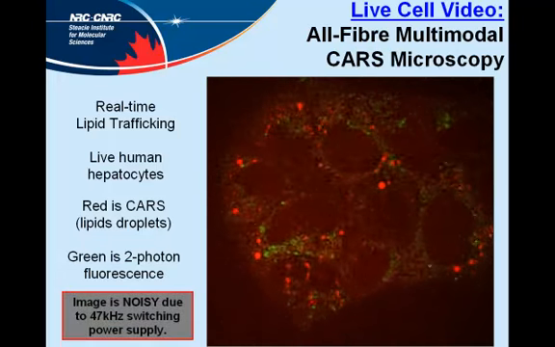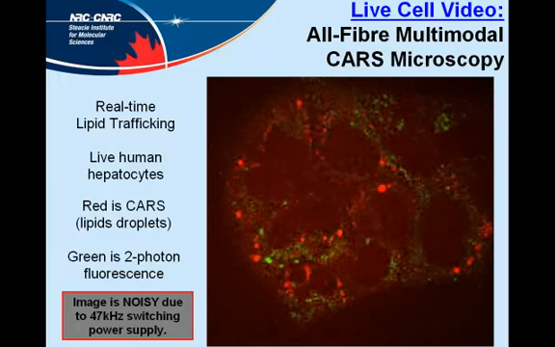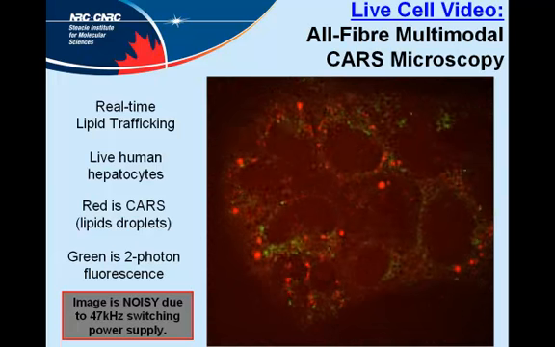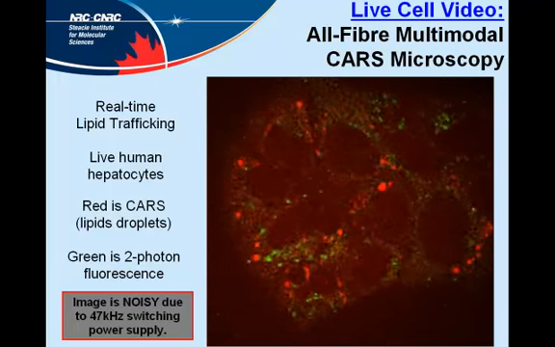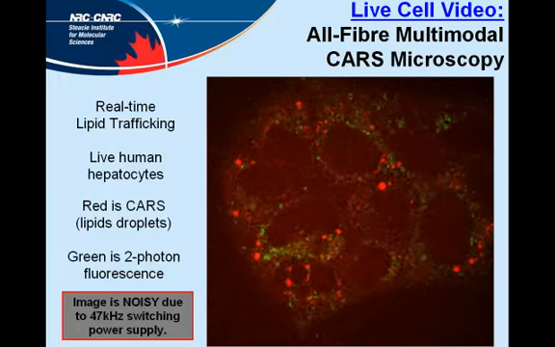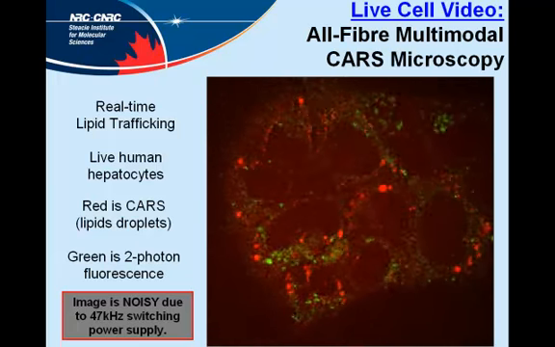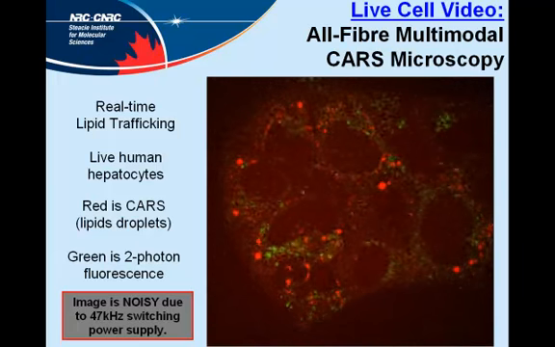Now, what I want to point out to you is we were quite disappointed at first with the noise, because this doesn't look as good as the imaging that we saw with our femtosecond laser. And then we looked at the spectral distribution of the noise. We saw the giant spike at 47 kilohertz that was really spoiling our imaging. And so we called up the company and said, "What have you got at 47 kilohertz?"